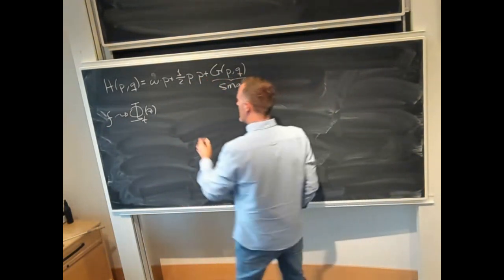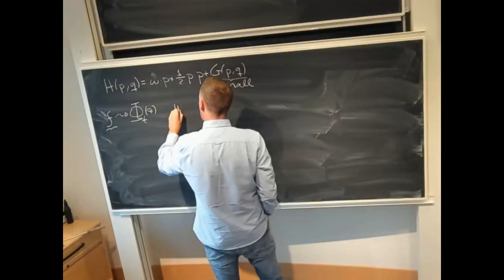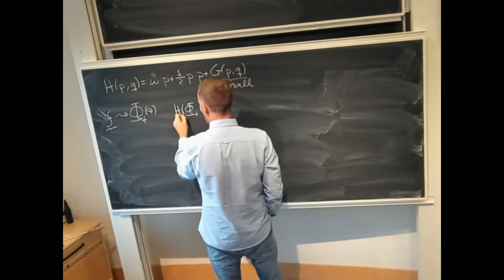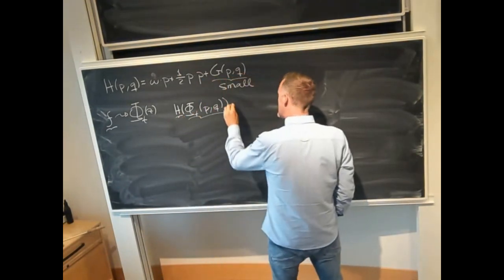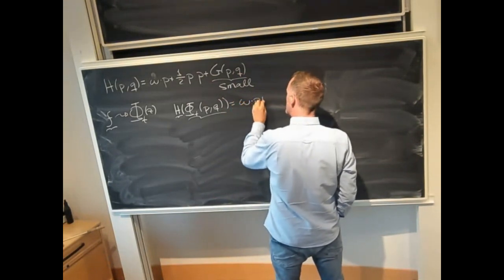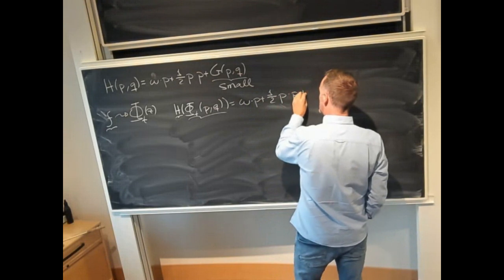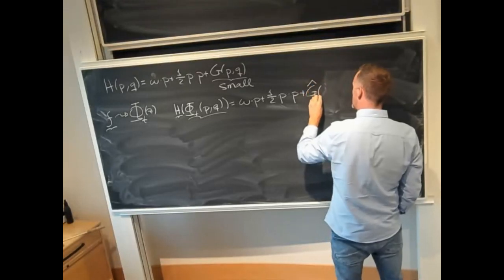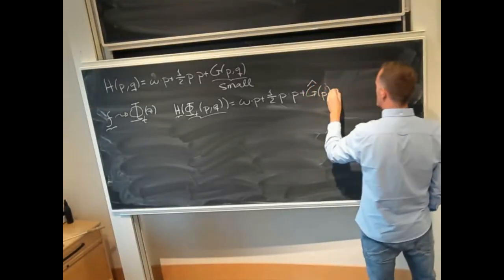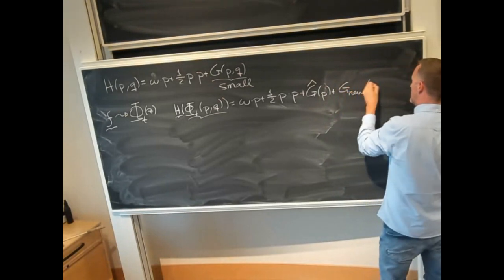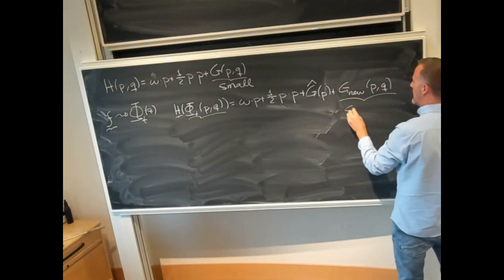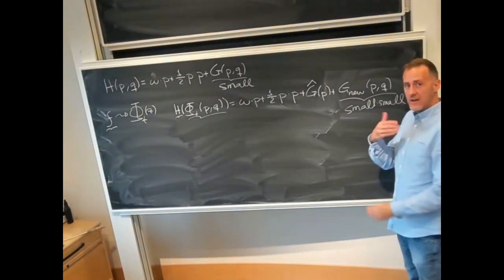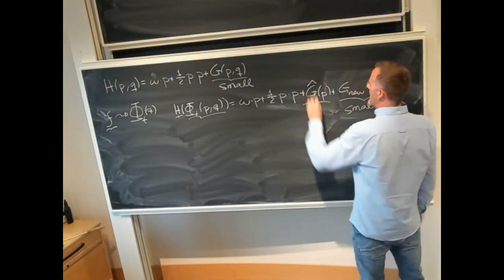Then what we saw is that we can choose f and then get a new Hamiltonian by composing our previous Hamiltonian with this flow, where this is small square, and we couldn't get rid of the average of G.